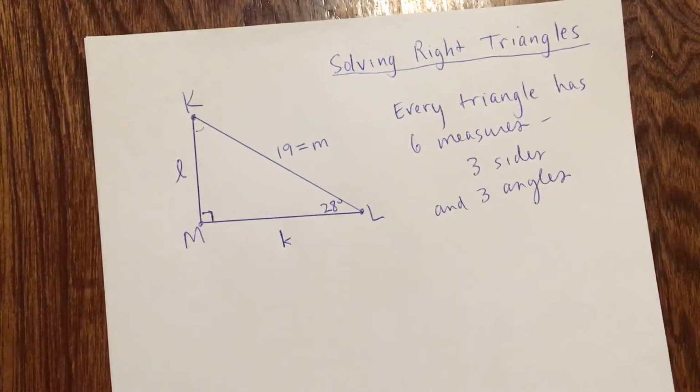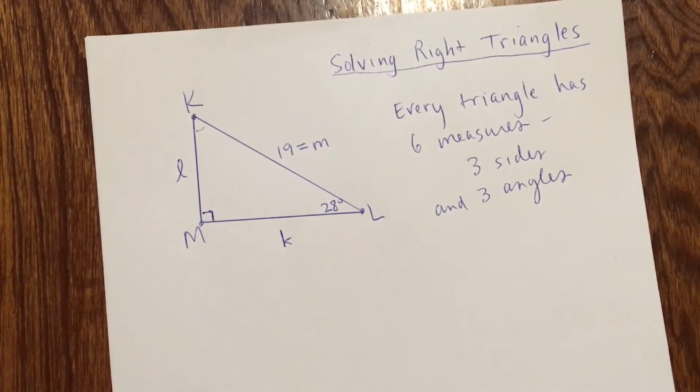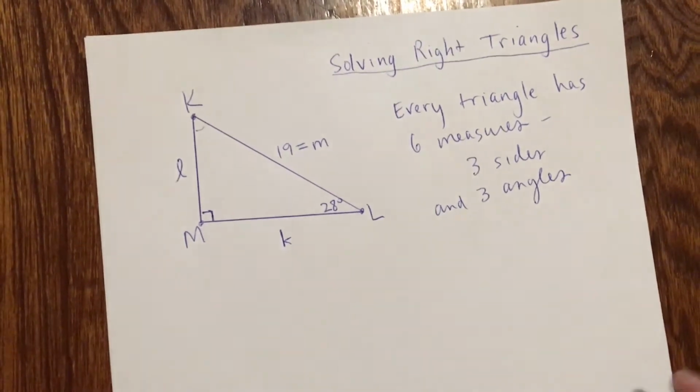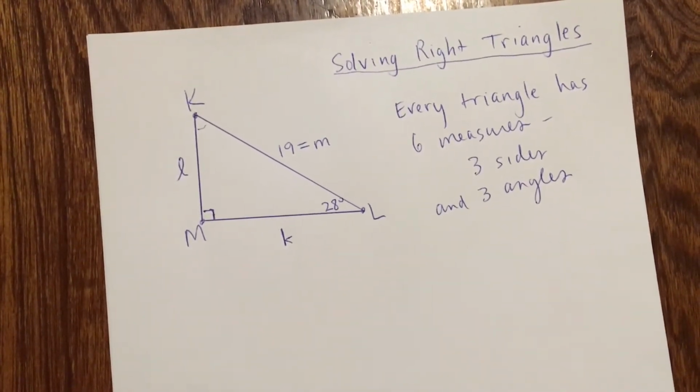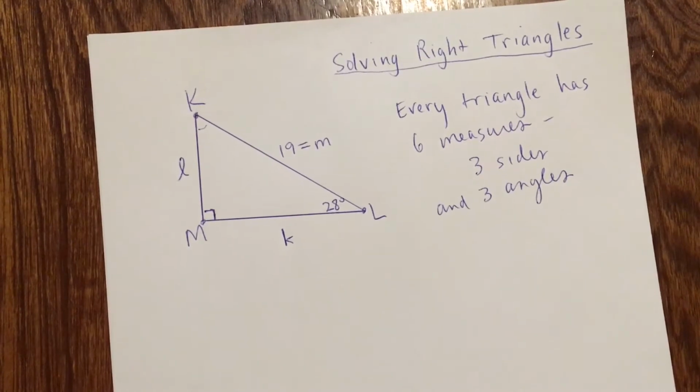And if you have a right triangle, you know one of the angles is 90 degrees. Well, there's something special about a right triangle. If you have a right triangle and you have 2 of the other 5 measures, you can find all 6 measures. That's what we mean by solving a right triangle.